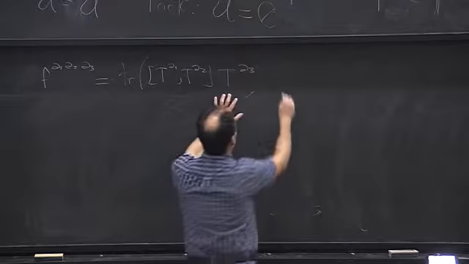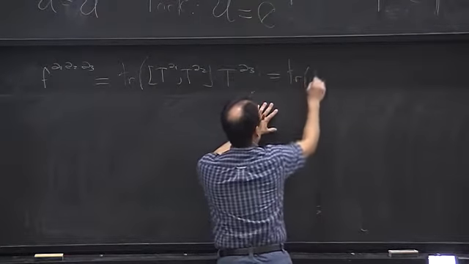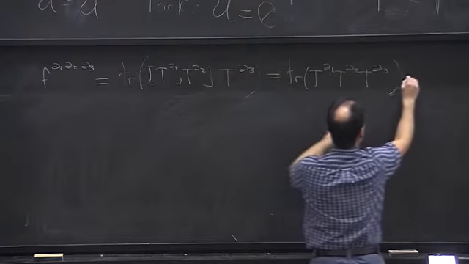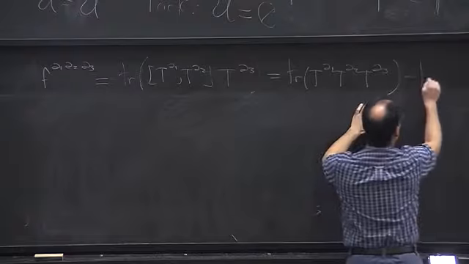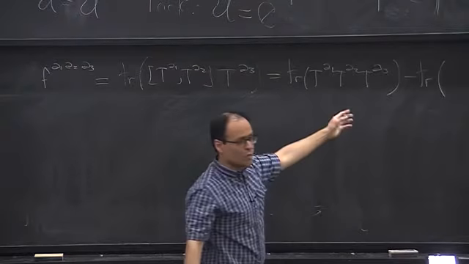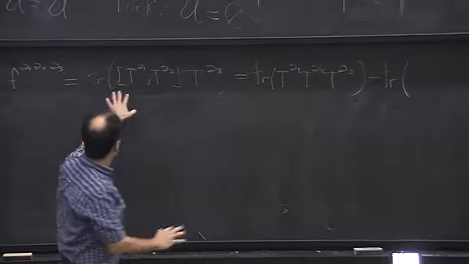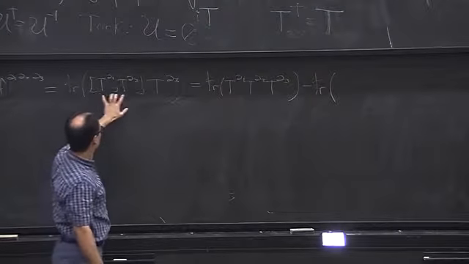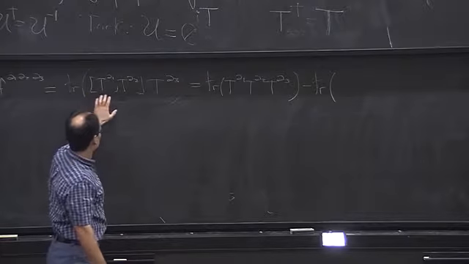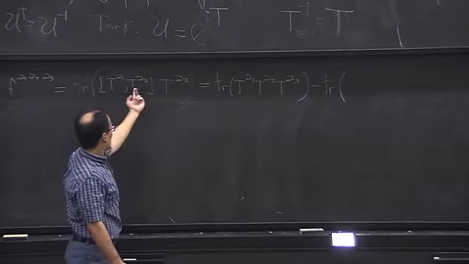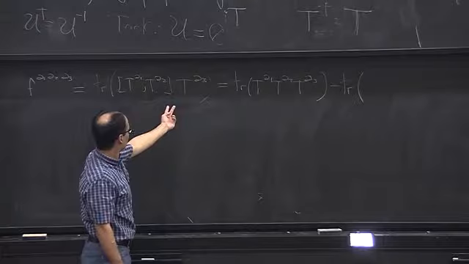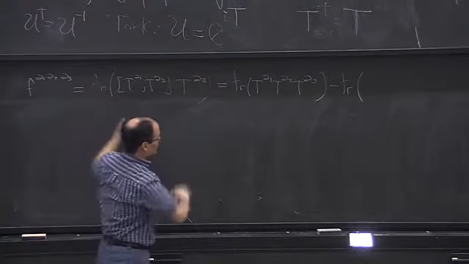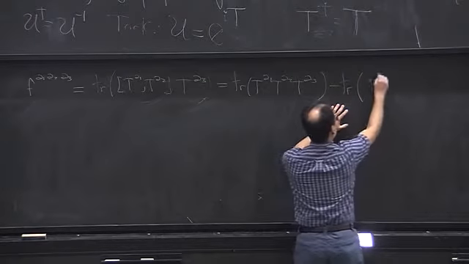Now let me expand this out. If at any point you're not clear with a step that I'm doing, please let me know, right? Okay, so we're expanding this commutator to get TA1 times TA2 minus TA2 times TA1, but the trace is linear, so I can separate these two objects and write this like this.